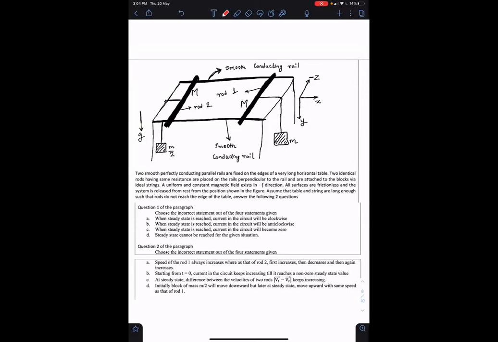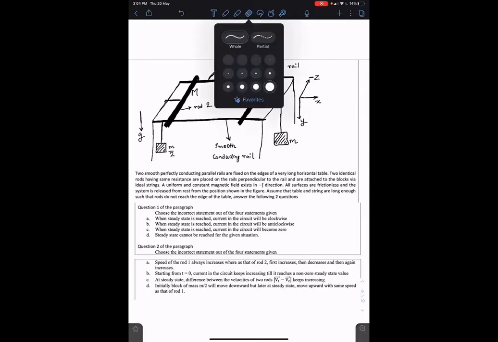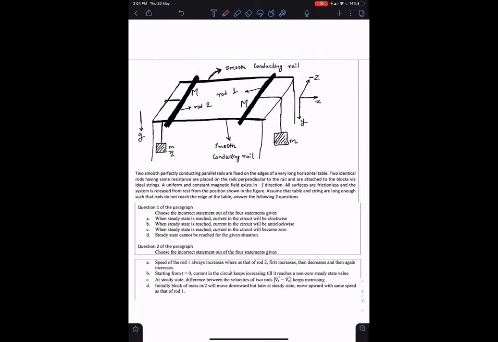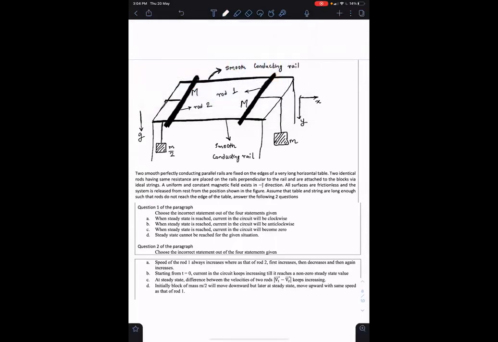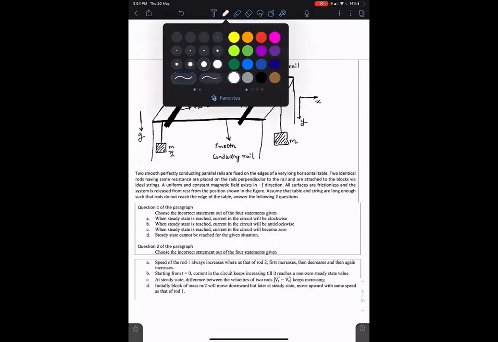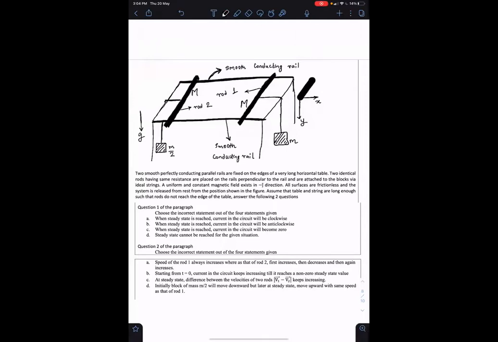Okay, so, sir, anyone got it? A comma D, I think, sir. Steady state will never happen, sir. Current will keep increasing in the clockwise direction. So first of all, let me just correct the z-axis here.